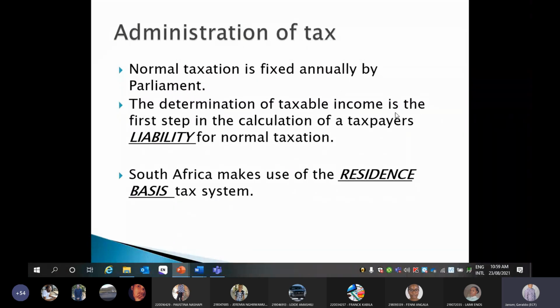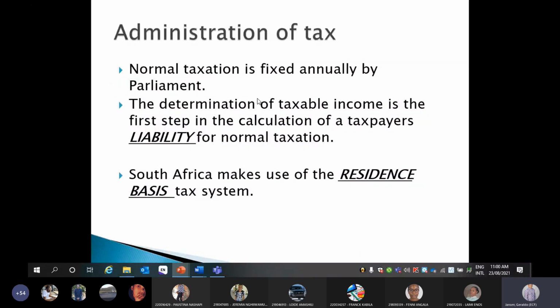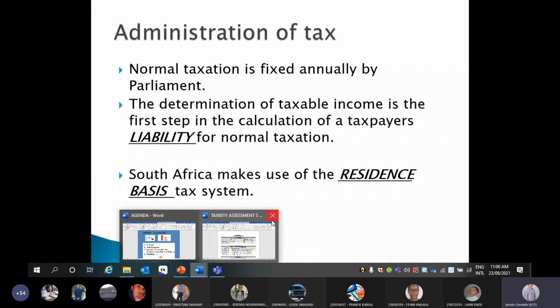Now, the determination of taxable income is the first step in the calculation of a taxpayer's liability for normal tax. Remember, we said step 1 is to get to taxable income. Step 2 is we will now tax that income that we've calculated. Step 1 is to calculate a taxpayer's taxable income, because that is the income that you will be allowed to tax using these sliding scales.